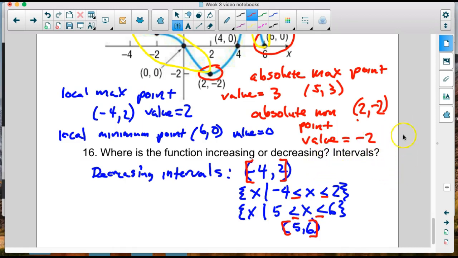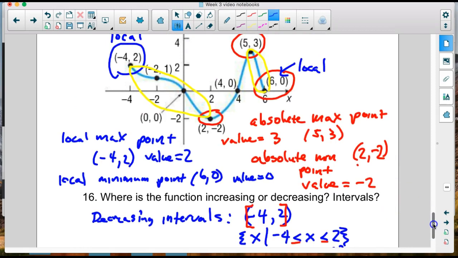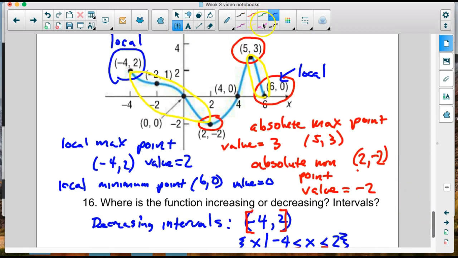All right, now to finish off this, we have one more interval. We have an increasing interval. The increasing interval happens when the graph is going up. So in this case, it would be in this section right here.